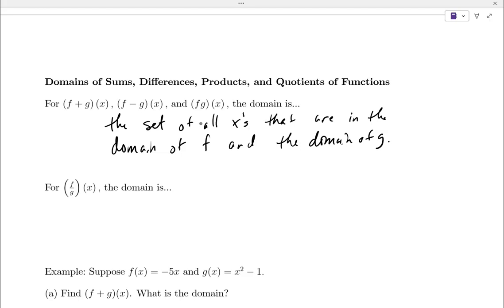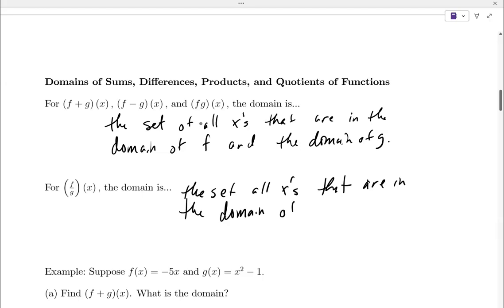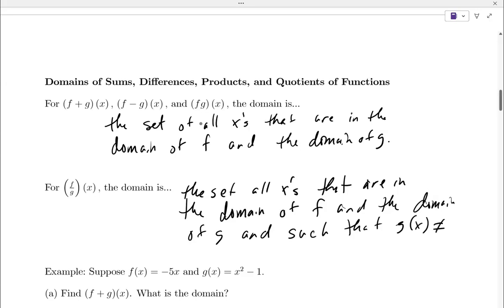So the domain here is still the set of all x's that are in both the domains, so still in the domain of f and the domain of g, and so that g of x is not equal to 0.